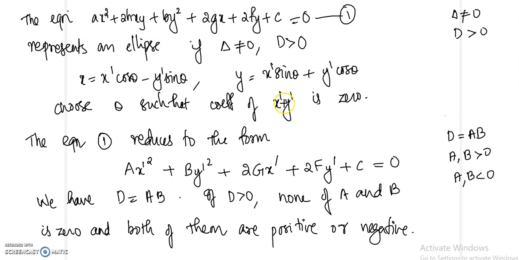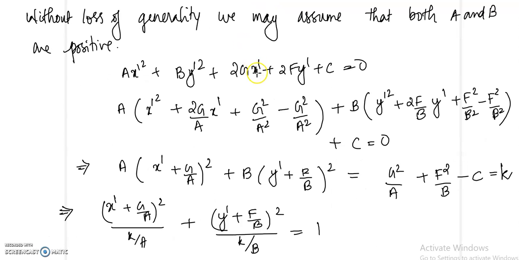Then for D, either both a and b will be greater than 0 or both a and b will be less than 0. Now complete the square, and then use a translation. So bring the center to the origin. So that will give the canonical form of the ellipse.